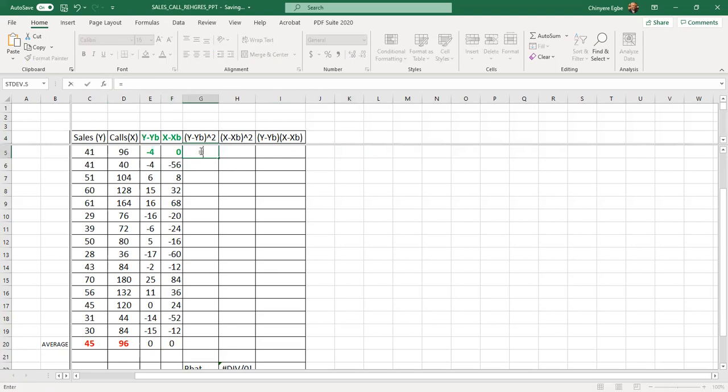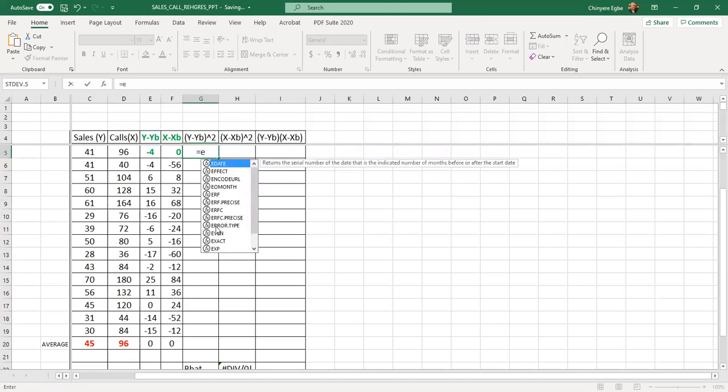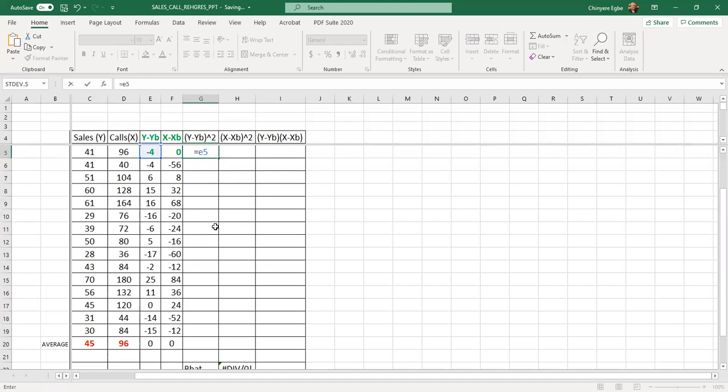So that will be equals E4 times F4, E5 times F5. All right. And then you drag it down.